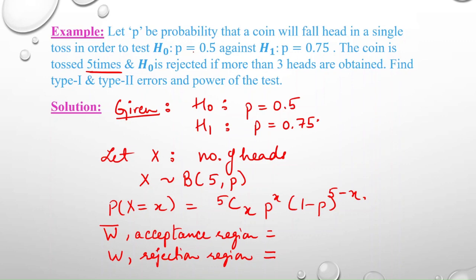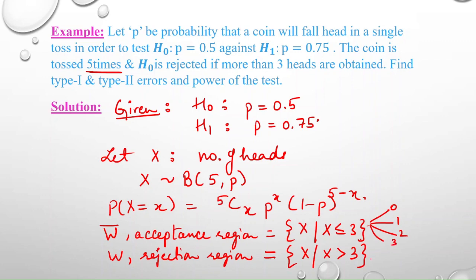So rejection region, as we know, is X must be greater than 3, and acceptance would be that it is less than equal to 3. Less than equal to 3, we'll be considering it could be either 0, 1, 2, 3, and greater than 3 in this case would be 4 and 5. So let us now calculate alpha error and beta error.